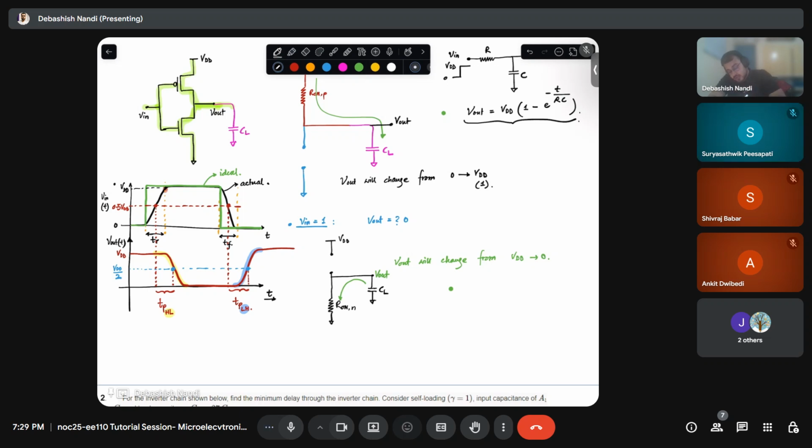Okay. So let's say you have an increase like this in the input signal. So corresponding to that, you will get an output. So what is the inverter doing? The inverter is doing your 0 to 1 and 1 to 0, right? Yes, sir.